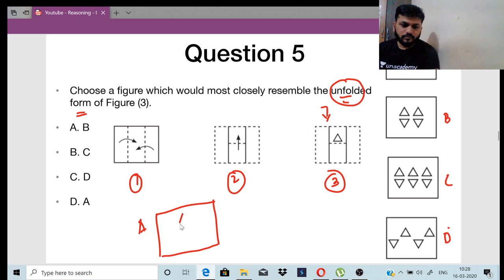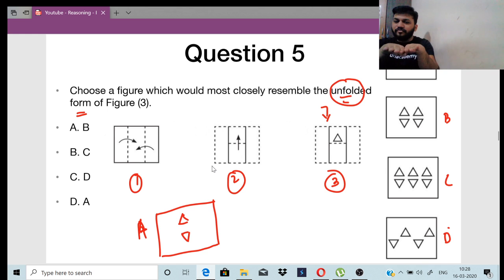So this is option A. See here, this is one part of the folded figure, right? So this is my paper.